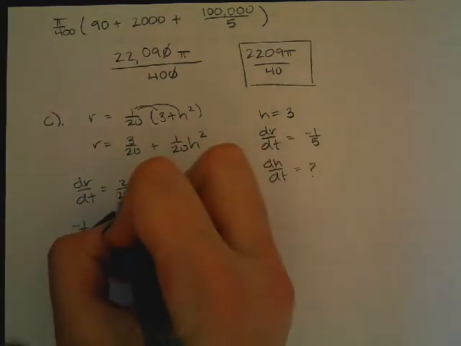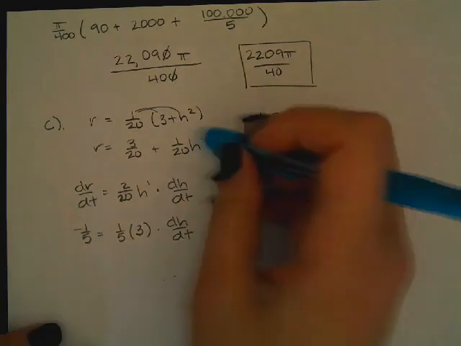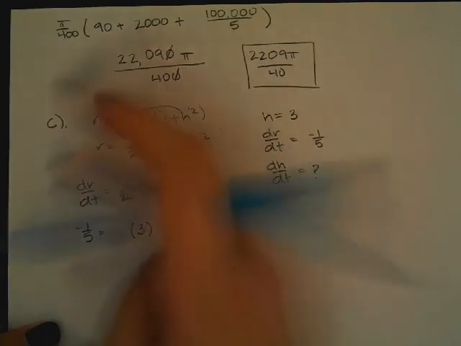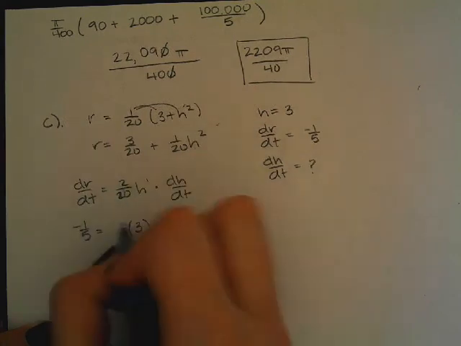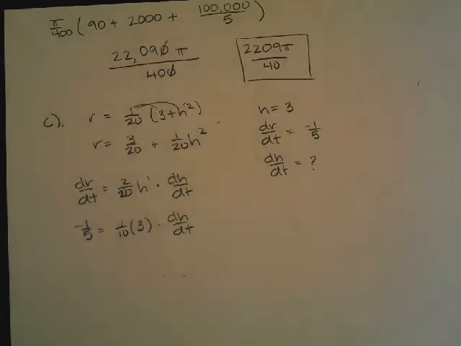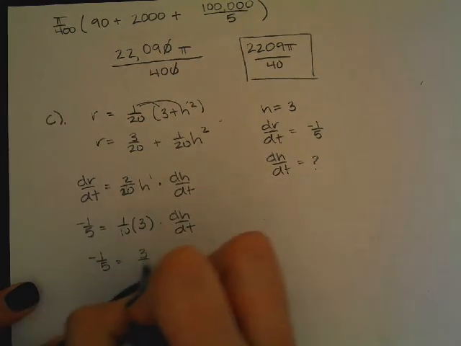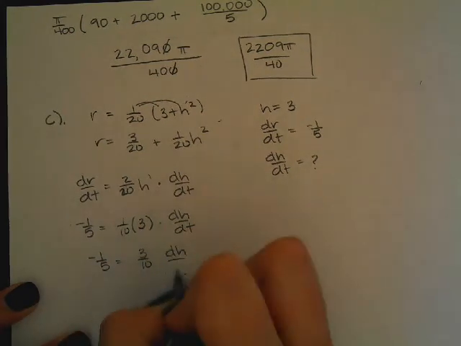Sorry, 2 over 20. 2 multiplied by 1/20th is 2 over 20. Okay, 1/10. All right, so I've got -1/5 equals 3/10 dh dt.